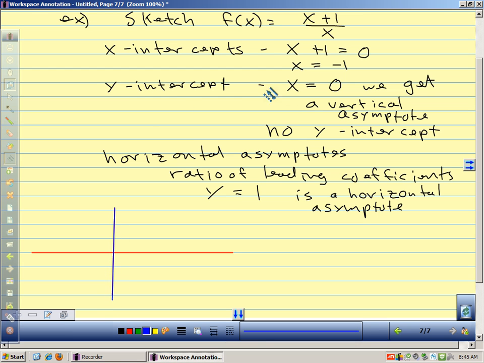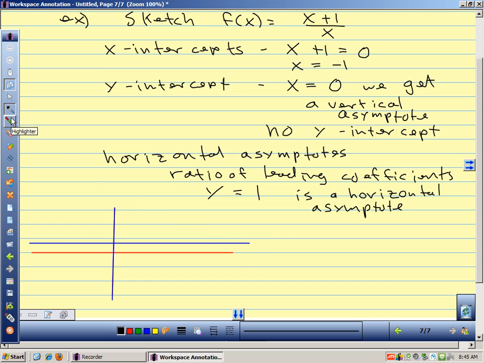We have a horizontal asymptote at y equals 1. So we're up here at the line, I'll say that's y equals 1. So there are my asymptotes. Now the reason that we have to plot some additional points is my graph could go here and here. It could go here and here. So we have several different possibilities for where the graph goes. So let's plot some additional points.